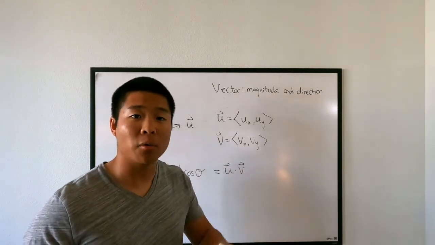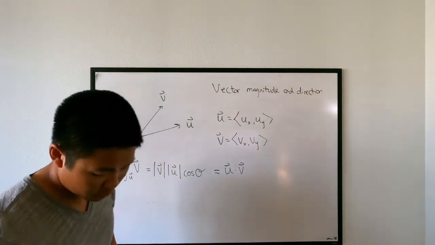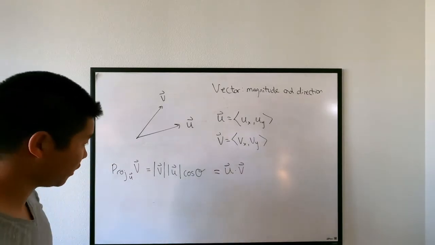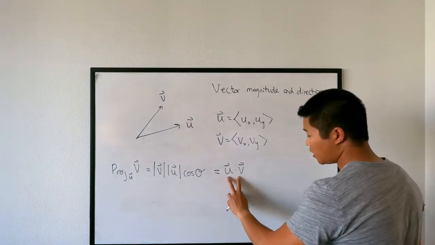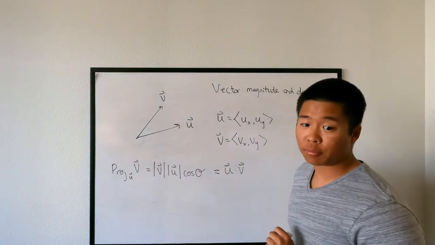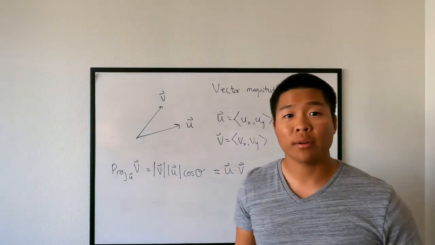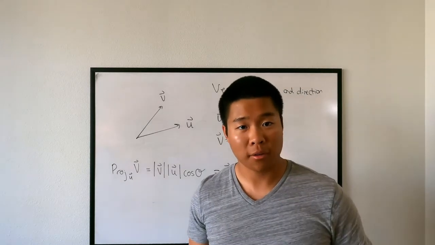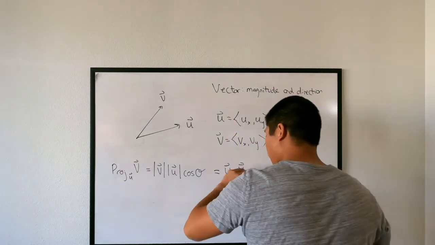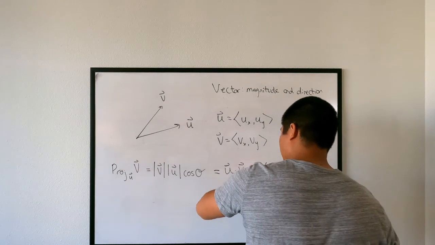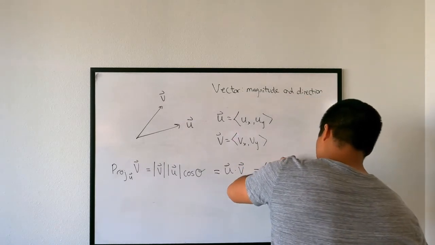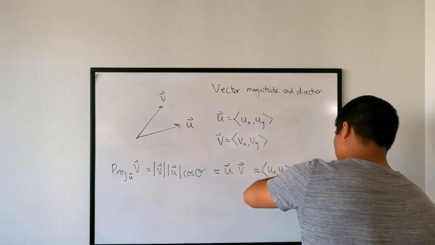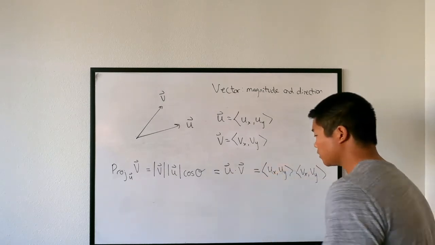Okay, so you might be wondering, okay, what is the dot product? Now this is something that you may or may not have covered in physics, so I will go over this a little bit more in detail. So the dot product here is also known as the inner product, and it's one of the ways that we can multiply vectors together. It turns out that we can actually write it just as you would expect, ux, uy times vx, vy, like this.